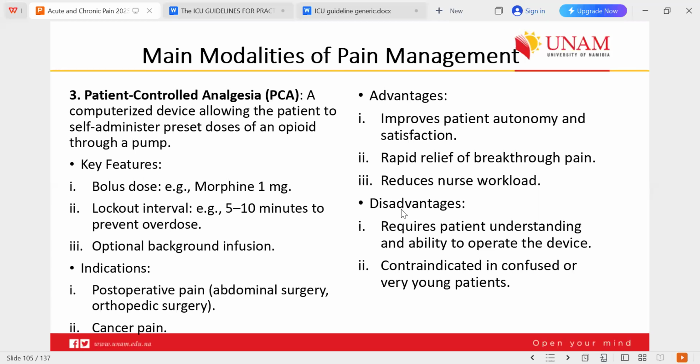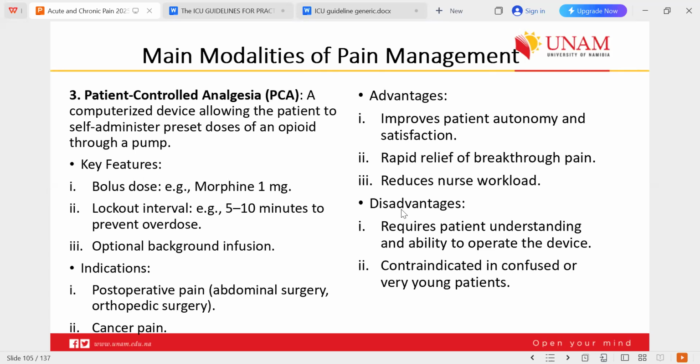There are other tutorials where we focus on these modalities of pain relief and how to initiate them. There are 3 key features of PCA. It has a bolus dose, then the lockout interval, during which no matter how many times the patient presses the demand button, no opioid will be delivered.